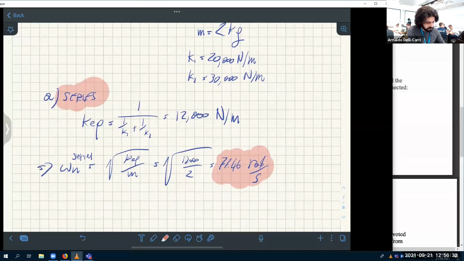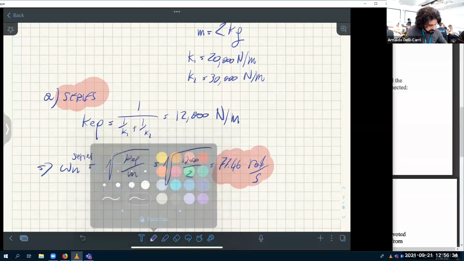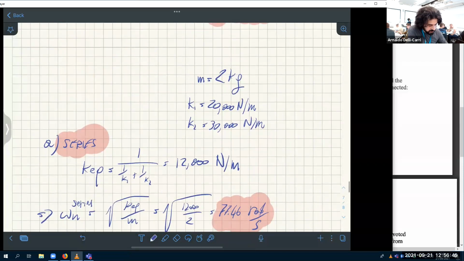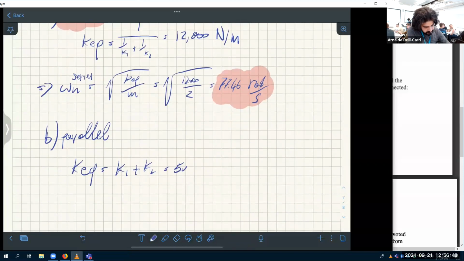That's in series. Let's do B in parallel. So in parallel, we have that the K equivalent is K1 plus K2, which is 50,000 newtons per meter.